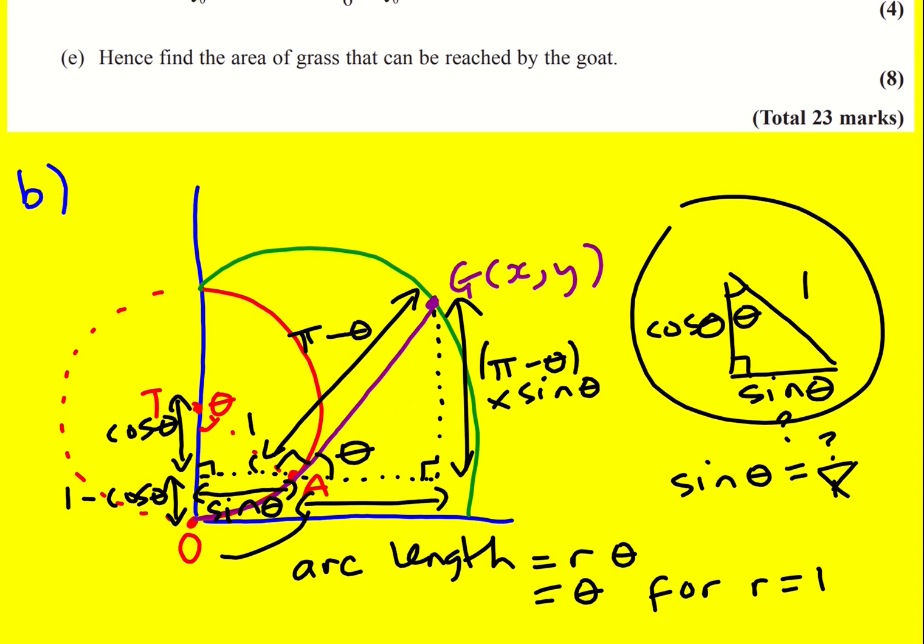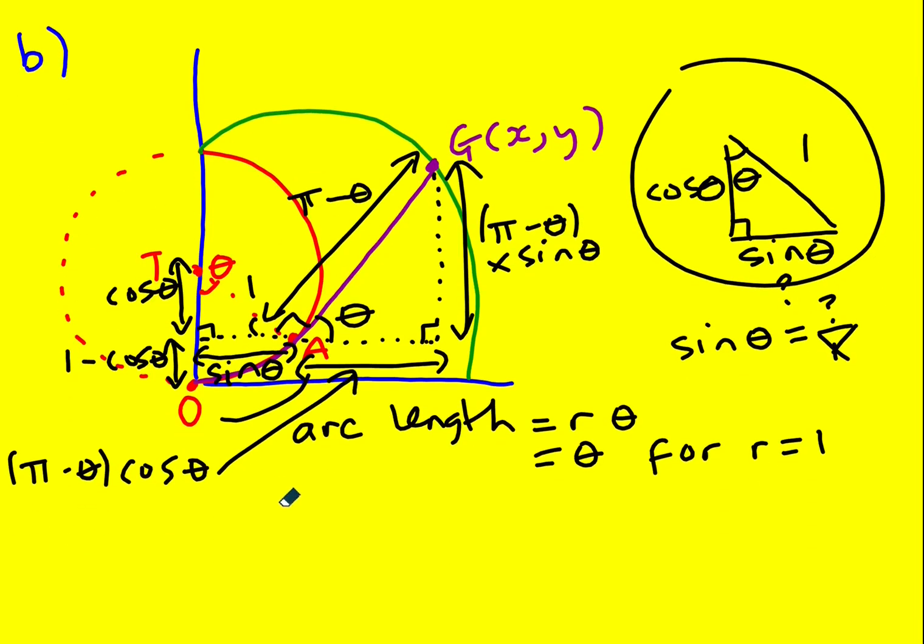And then this distance I'm pointing to, I can just about fit it in, is going to be pi minus theta times cos theta. That's a pretty decent argument, I think. I've said a lot in spoken words, but I think anyone looking at this should be able to see what I've done, I hope.